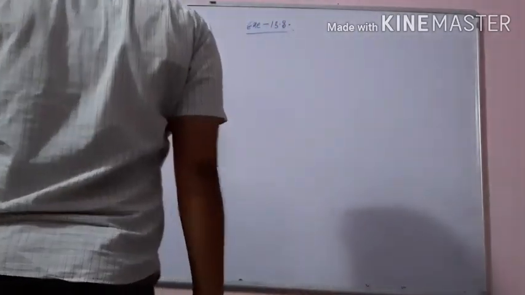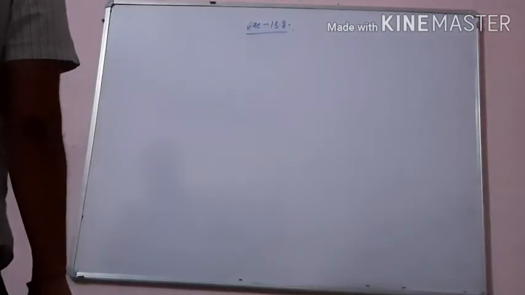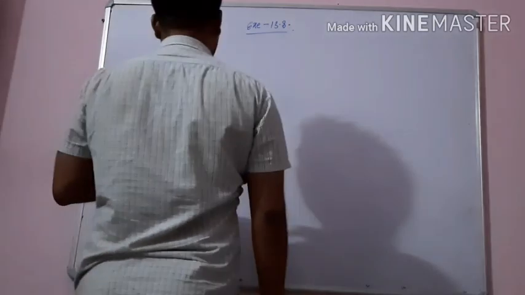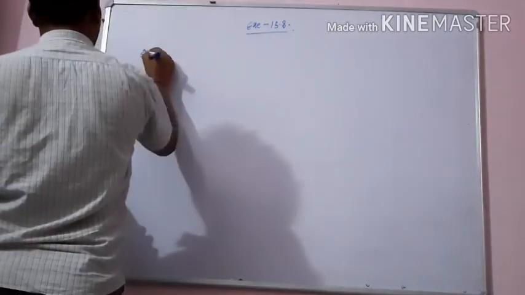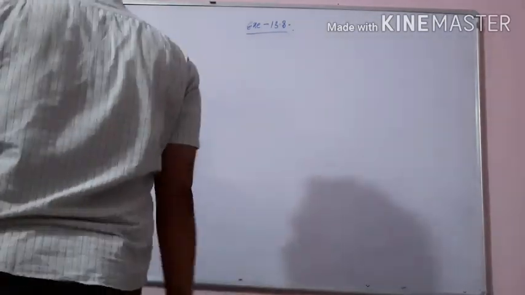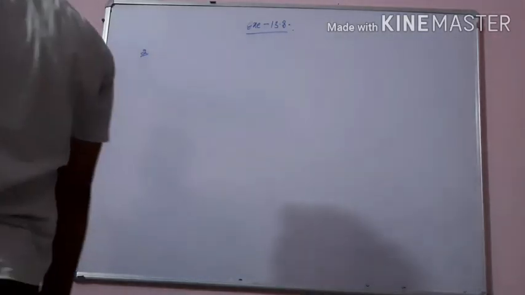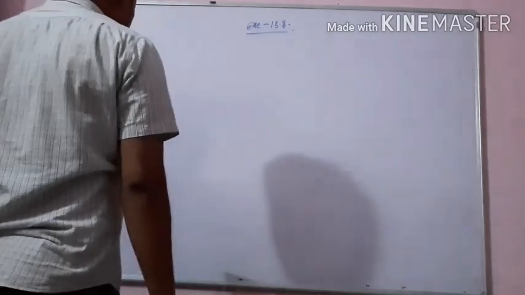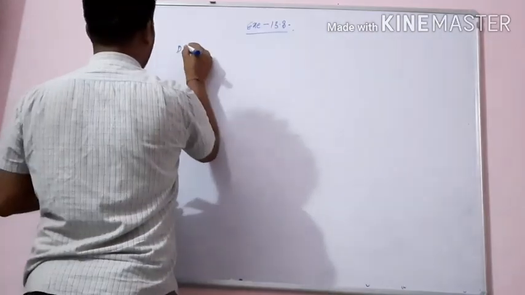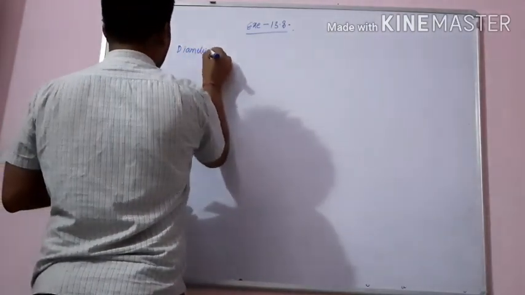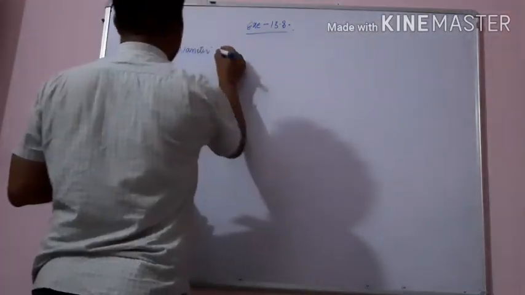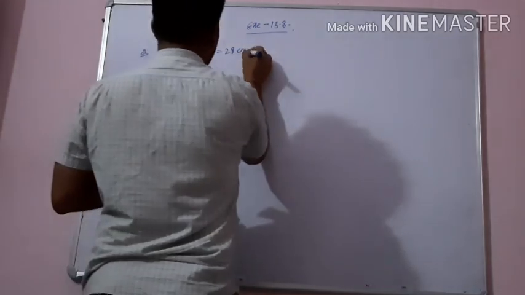Find the amount of water displaced by a solid spherical ball. In question number 2, we have to find how much water is displaced when a spherical ball is put in a container. The first one has diameter 28 centimeter.